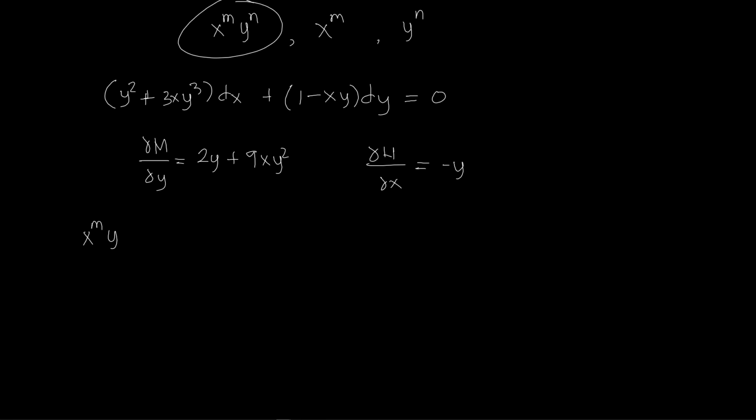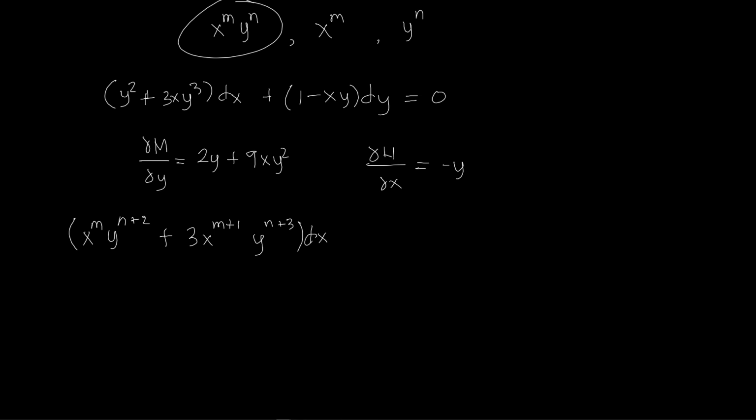So we have y raised to the power of n plus 2, plus 3 times x raised to the power of n plus 1, then y raised to n plus 3.